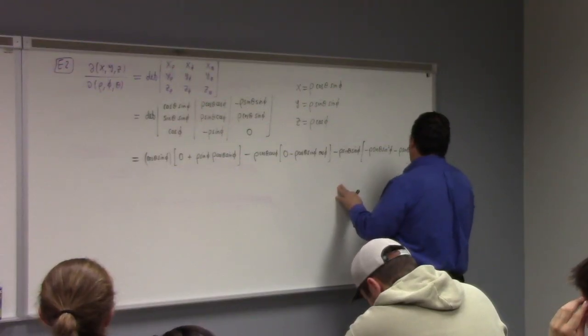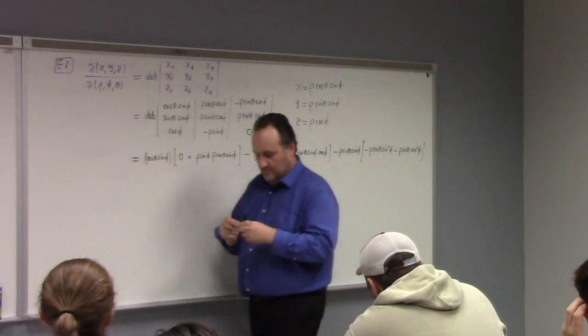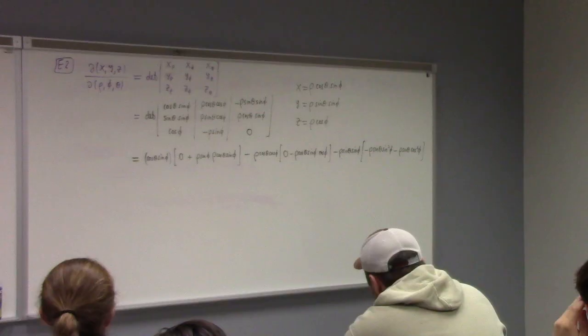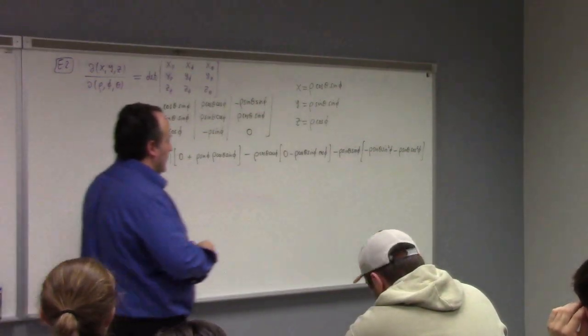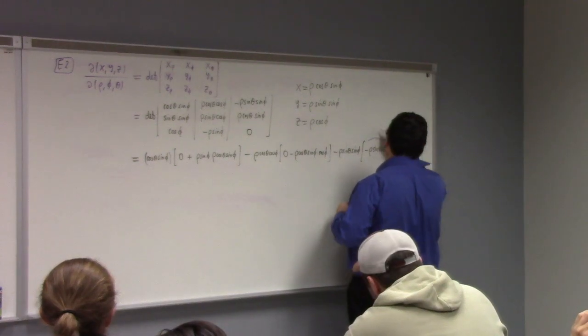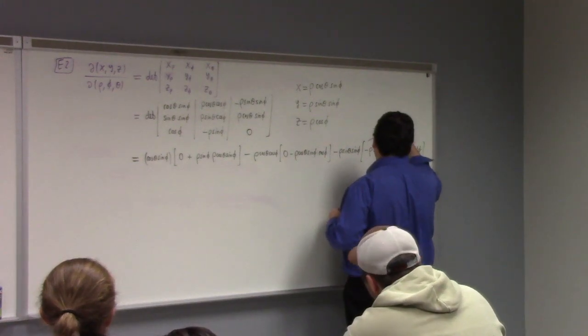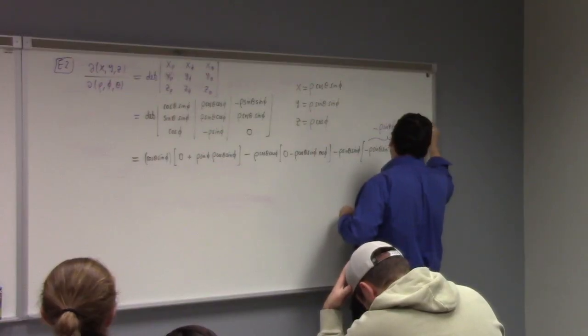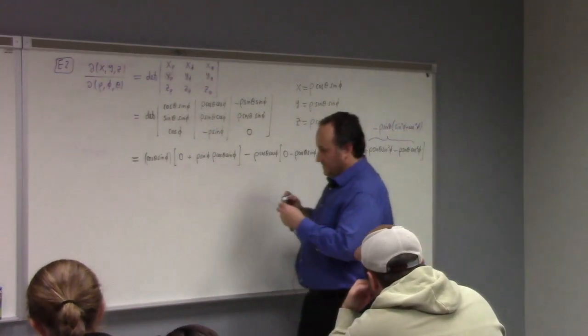Oh, hey, that's nice. Notice that last one, one of our favorite things. We can rewrite this as minus rho sine theta times sine squared phi plus cosine squared phi, right?